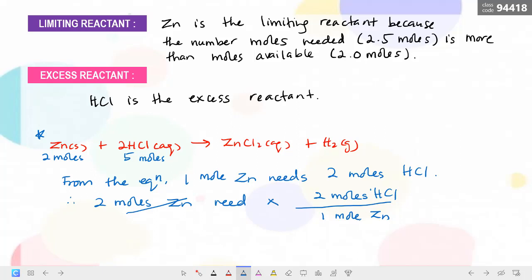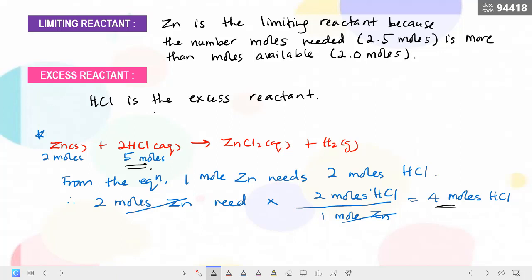So cancel out, you will get 4 moles HCl. So you can see here, since the number of moles of HCl needed is less than provided. Provided 5 moles. Okay, tapi kita needs 4 moles.